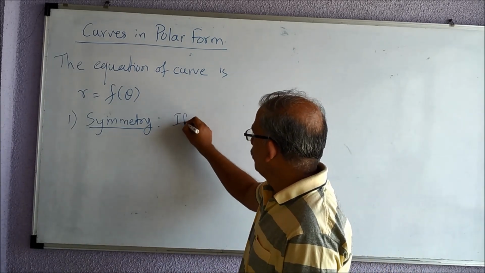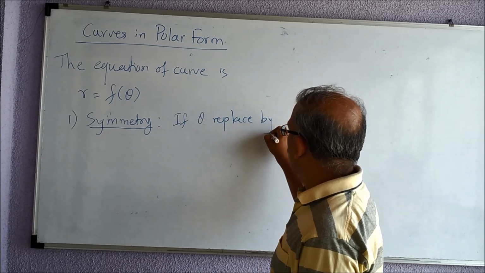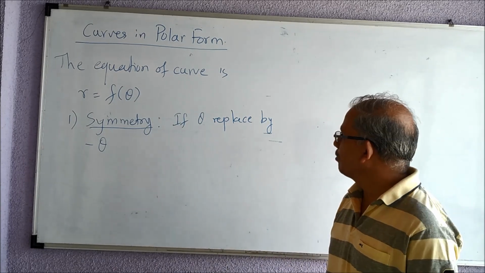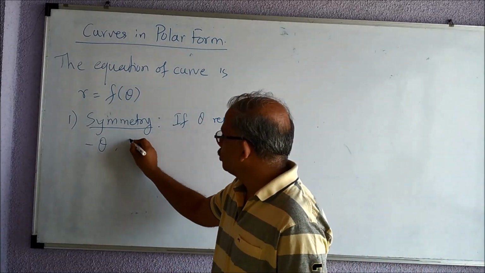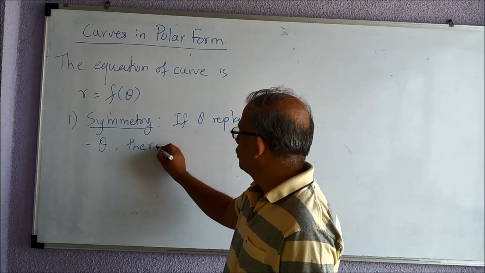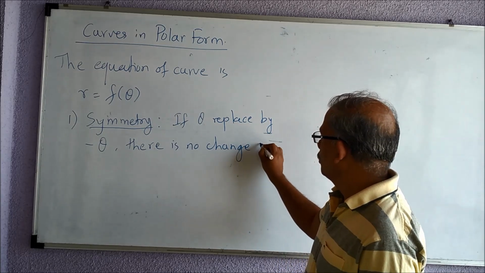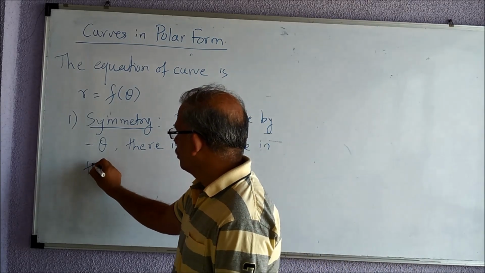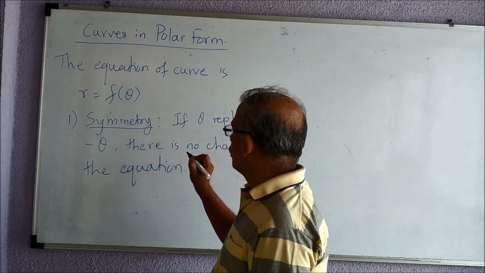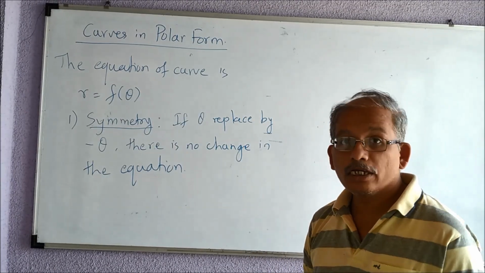If theta is replaced by minus theta and there is no change in the equation, then the curve is symmetric about the initial line.